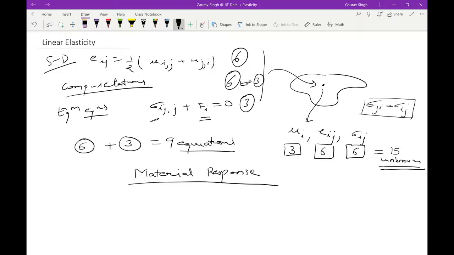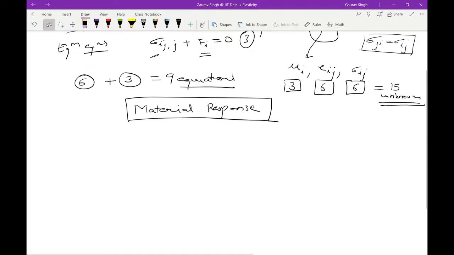There are a few terms which I would just briefly go over, but perhaps you would know them from your earlier knowledge. The term constitutive relation is a relation or an equation.